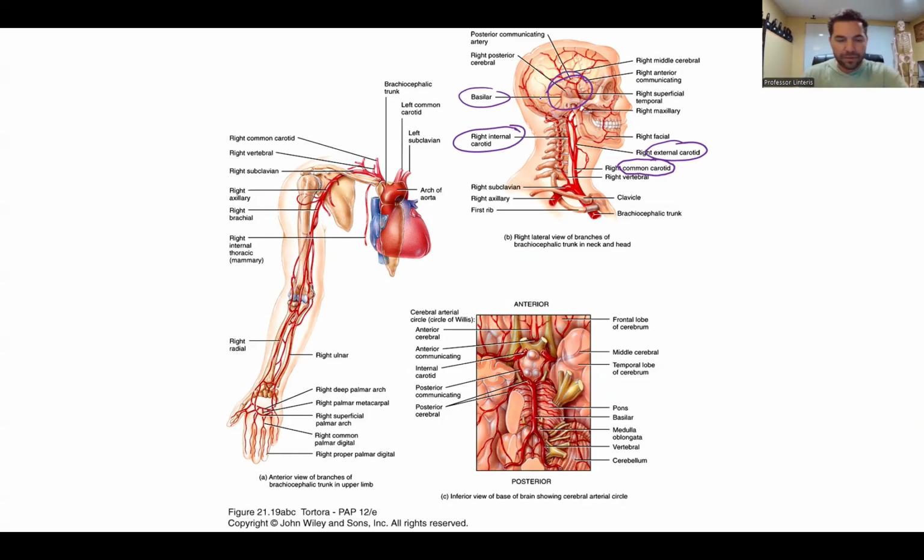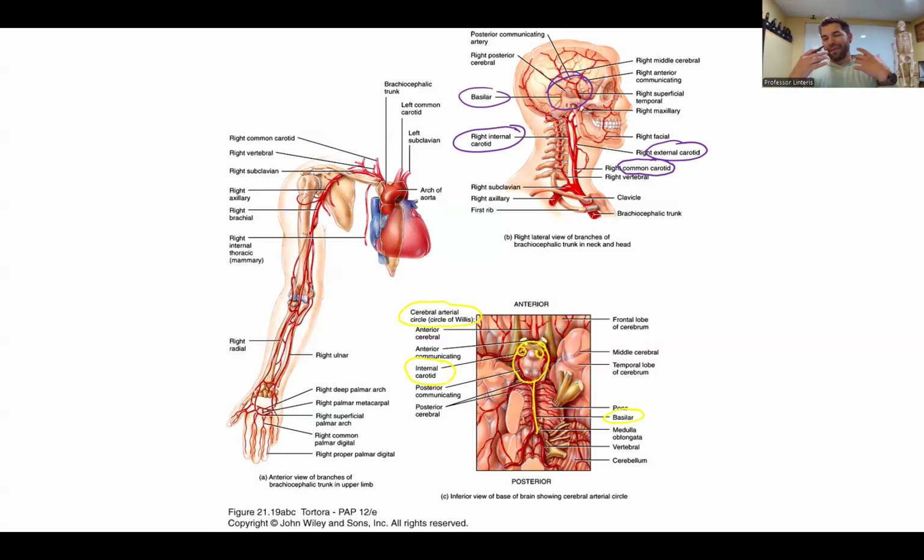And then we get into some substructures inside the brain, and that's what I'm going to highlight for you. So when we look inside the brain, we have a little circular structure here we will call the circle of Willis, and I'll show you on the next two slides. We have a basilar artery, which is right here, and we have two internal carotid arteries, and those are the main ones I want you to focus on.